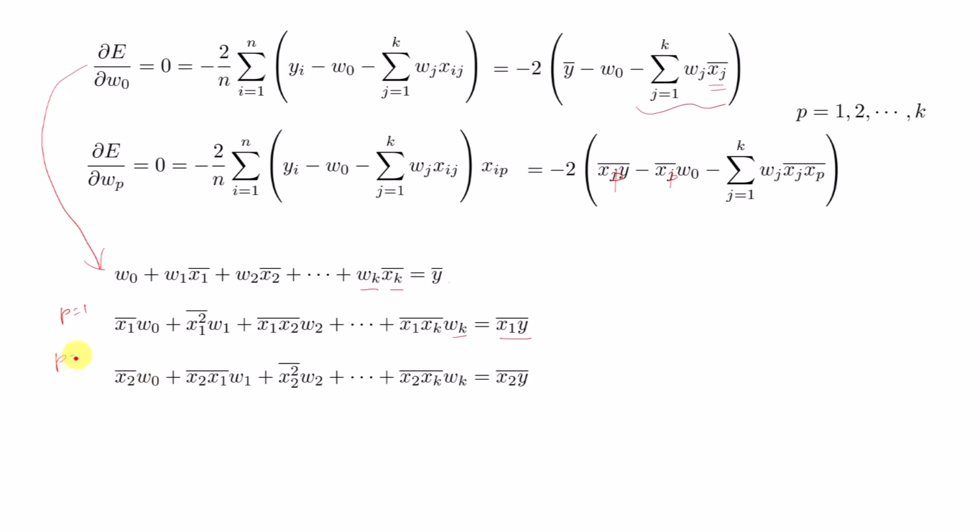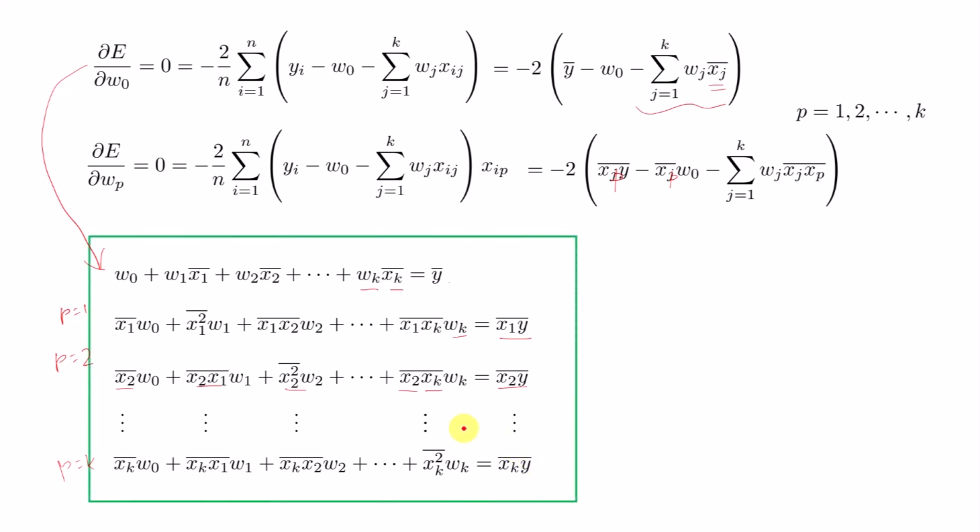Similarly, I can take p equals 2, that is x1 will be replaced by x2 here. So I have x2 bar, here I'll have x2 x1, here I'll have x2 square, here I'll have x2 xk, and here I'll have the average of x2 y. And finally, we can go this way. This would be p equals k: xk average, xk x1, xk x2, etc., xk square, and xk y. So here the equations look slightly cleaner, but it doesn't help in any other manner.